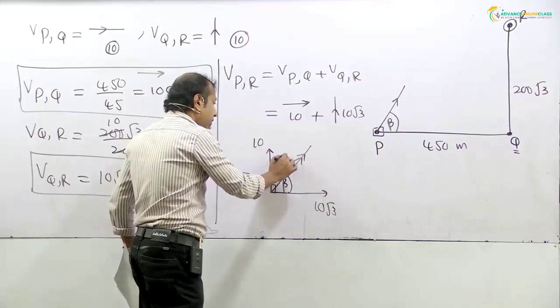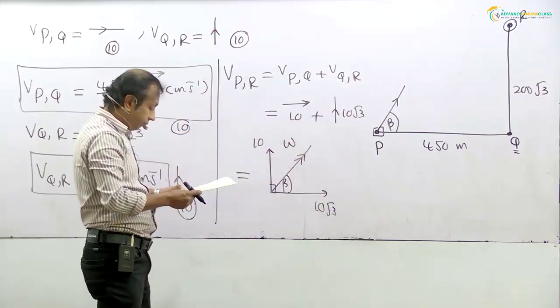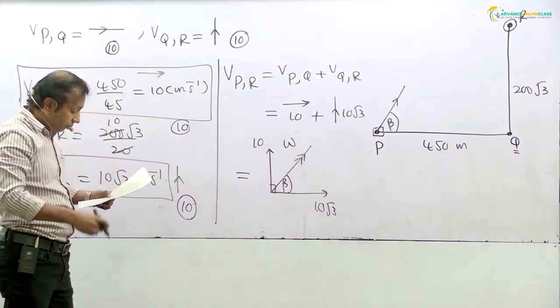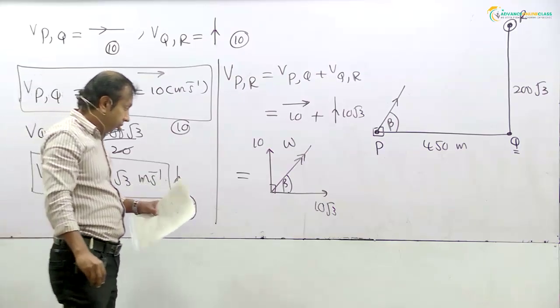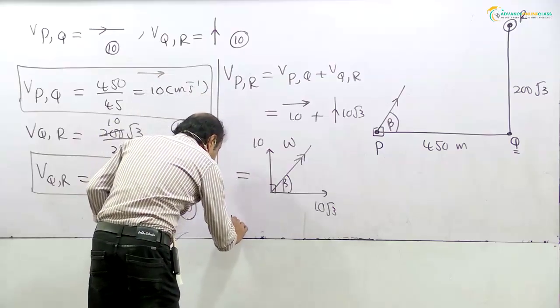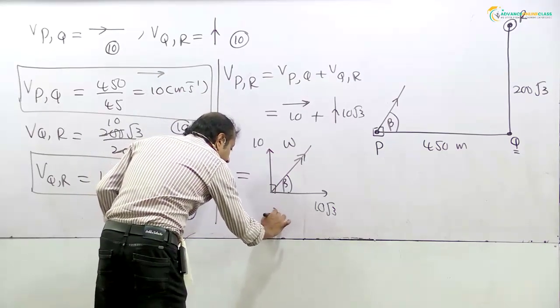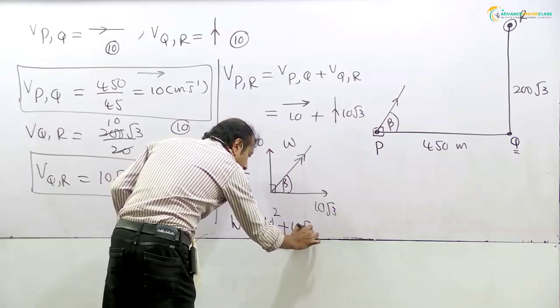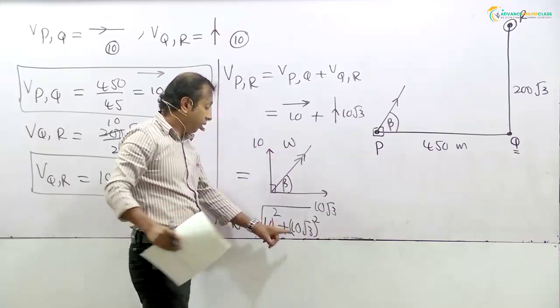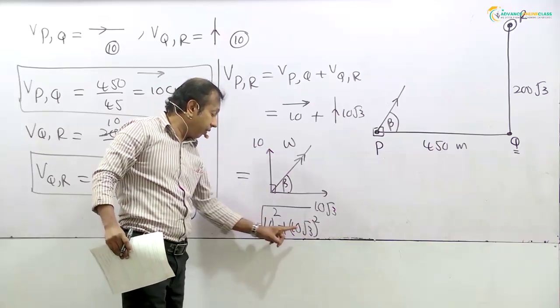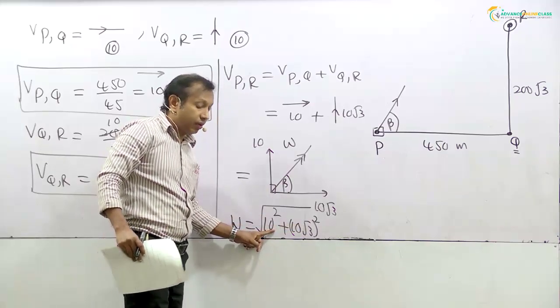If I take this as W, what is this W? 10 squared plus 10 root 3 whole squared, root. Here 10 root 3 whole squared is 300, plus 100, 400.